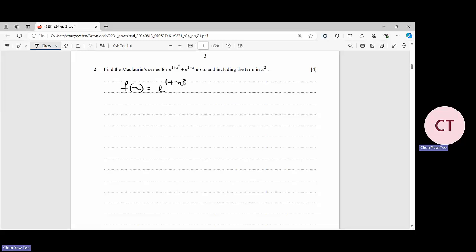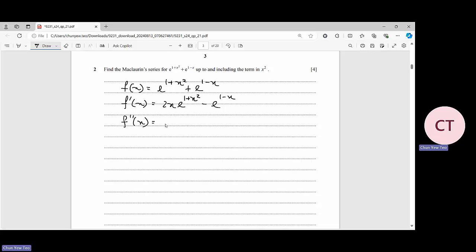First of all, you let this expression be a function f(x). We just need to differentiate it, and then differentiate one more time. You just need to differentiate 2 times because it goes up to x squared, so we only need the second-order derivative.